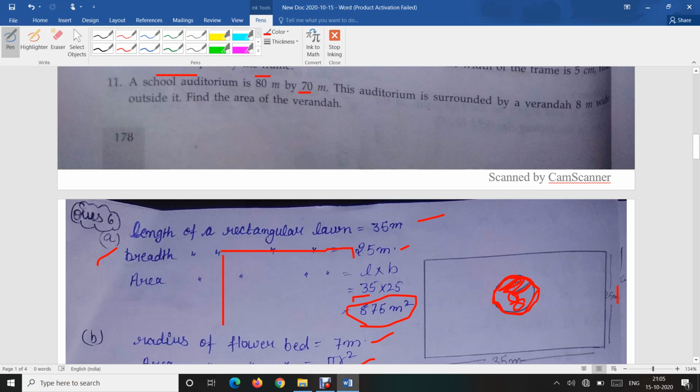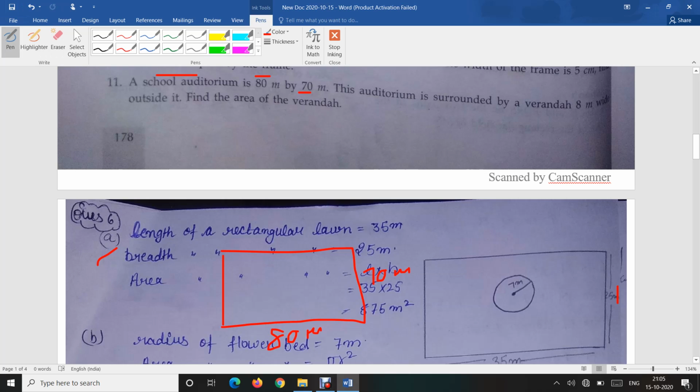This is a school auditorium, which has length 80 meter and breadth 70 meter.